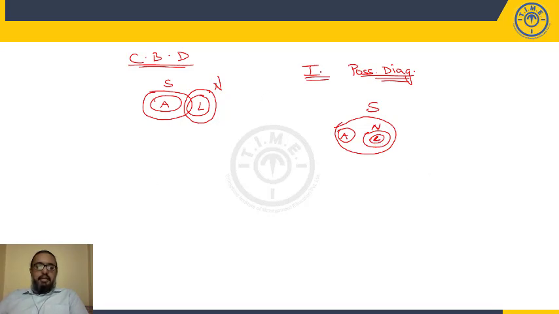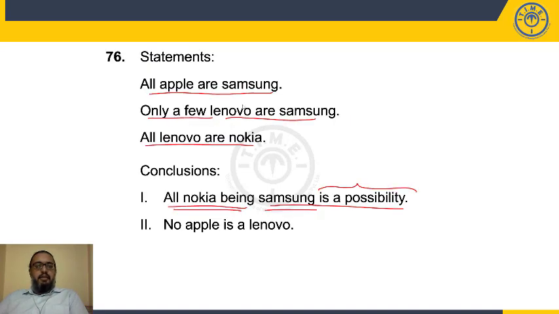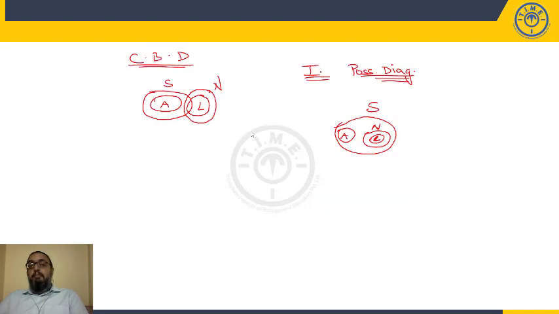So the first one satisfies all Apple are Samsung and the third one satisfies all Lenovo are Nokia. Now the second one says only a few Lenovo are Samsung. What is the meaning? Only a few Lenovo should be inside Samsung and there should be some Lenovo which comes outside Samsung. But do I have it here? No. The complete Lenovo circle is inside the Samsung circle. So the second statement does not satisfy this possibility diagram and hence conclusion 1 does not follow.